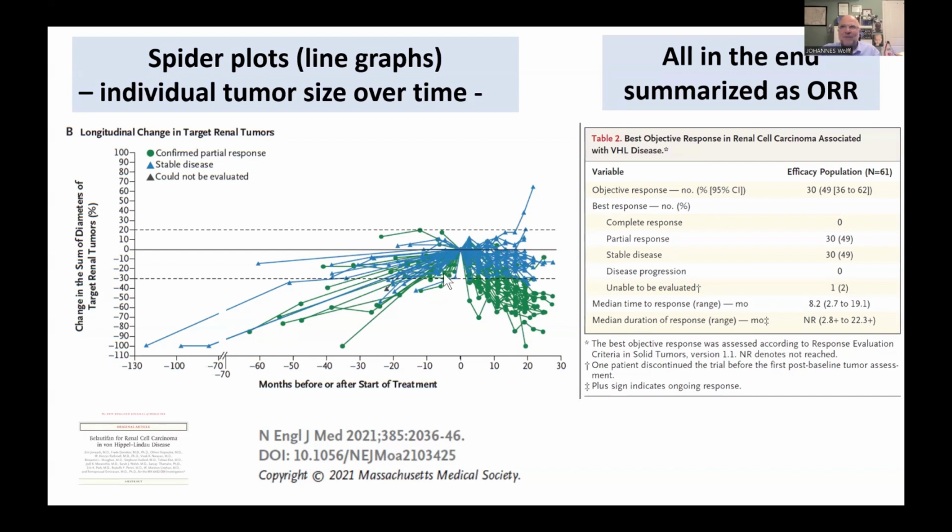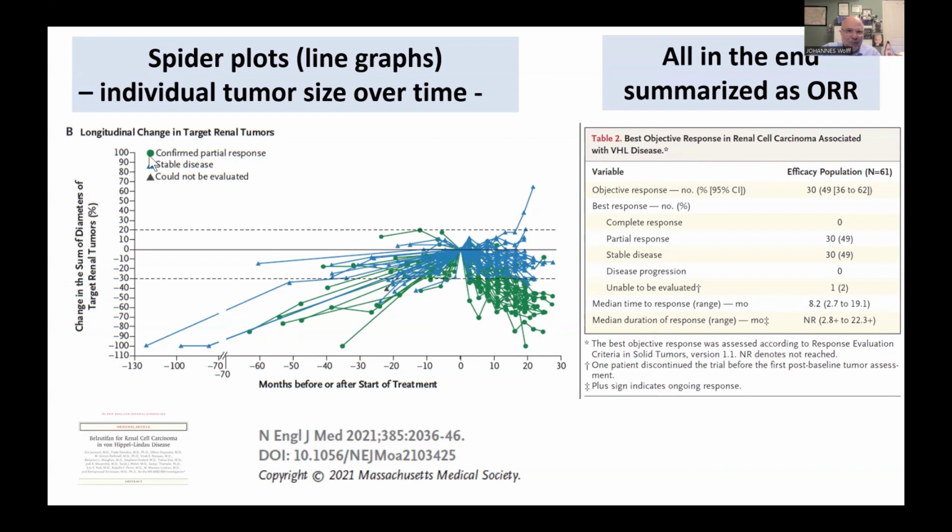You see multiple things. One is about the method. Spider plots really work only up to about 20 patients. If you have more than that, then it gets really chaotic, like this one. But these authors wanted to make a point, and that's why they put all these graphs together.